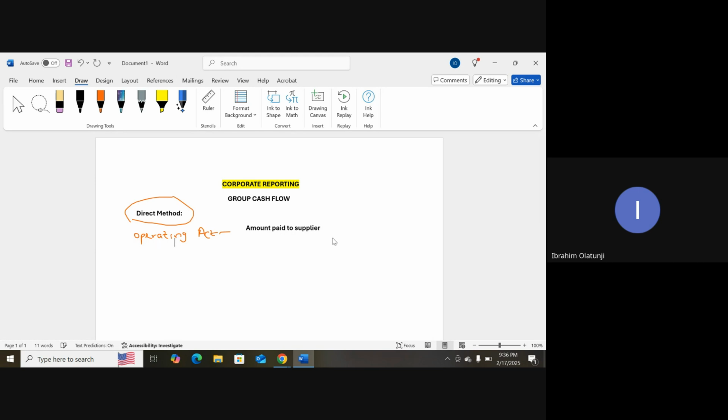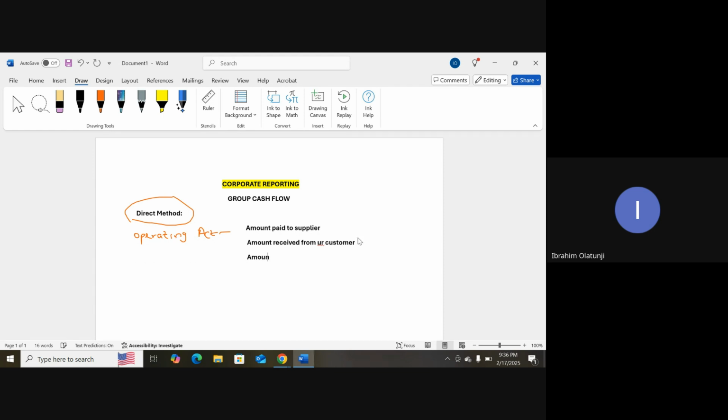Number two is that you must take note of the amount received from your customer. So when you are thinking of the amount that you pay to your supplier, you also need to think of the amount that you collect from your customer.